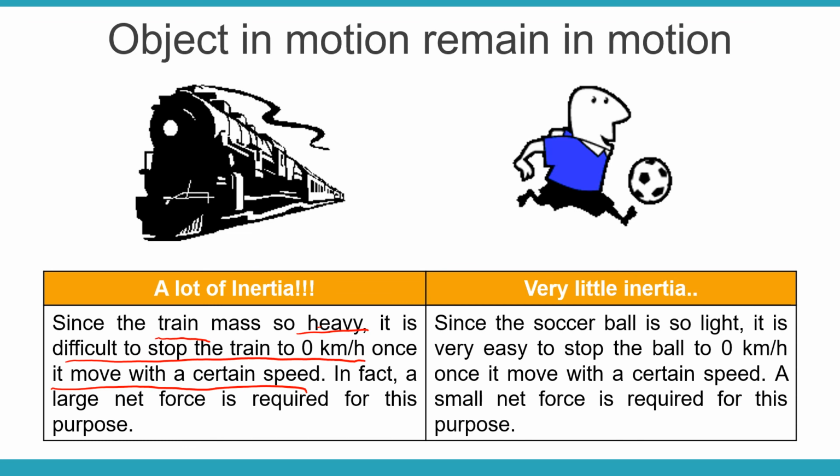Macam kereta boleh lagi kan, kereta dengan kereta api lagi berat. Jadi sebab tu kereta api dia tidak boleh brake mengejut berbanding dengan kereta tadi. Okay, sebab a lot of force is required for this purpose. Okay, F is equal to MA. So untuk yang larger mass, ingat force yang tinggi diperlukan.